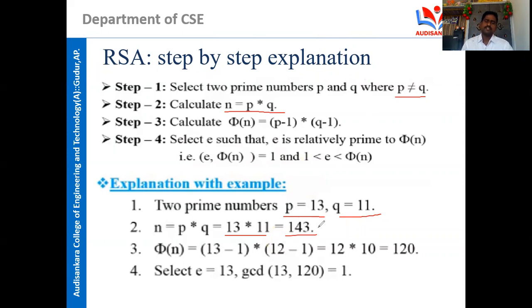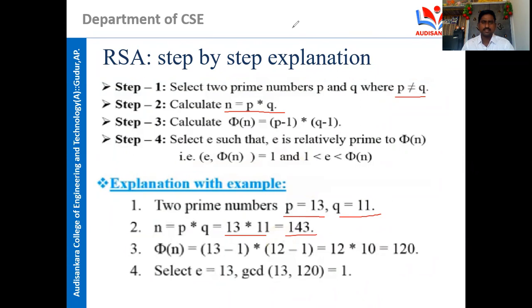And in step 3, calculate phi of n is equal to p minus 1 into q minus 1. Step 3. See here, we are substituting these values in this formula. The p value is 13 minus 1 and the q value is 11, 11 minus 1.